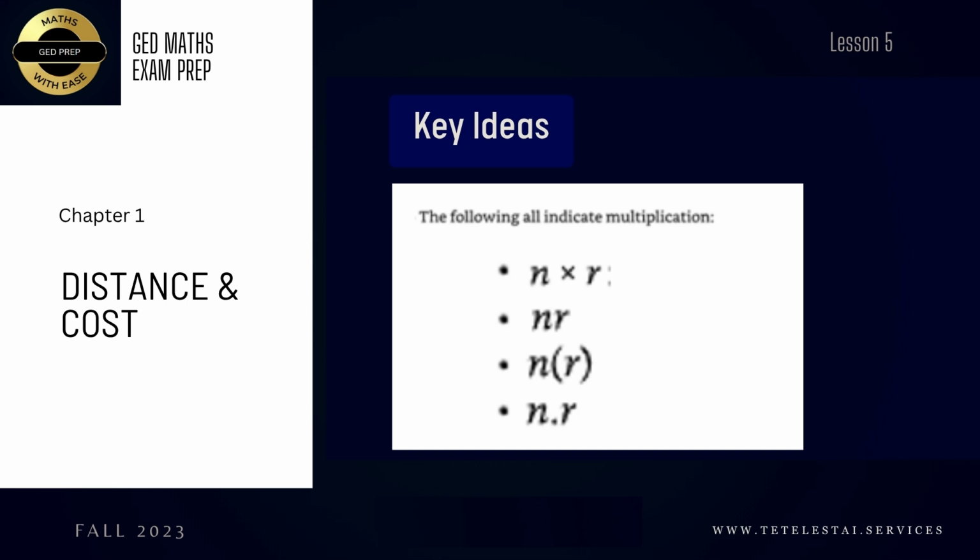And this is common when you're doing the dot product. Actually, the dot is a lot higher, but this essentially also indicates multiplication, right? So these are different methods of conveying that the operation needed is multiplication.